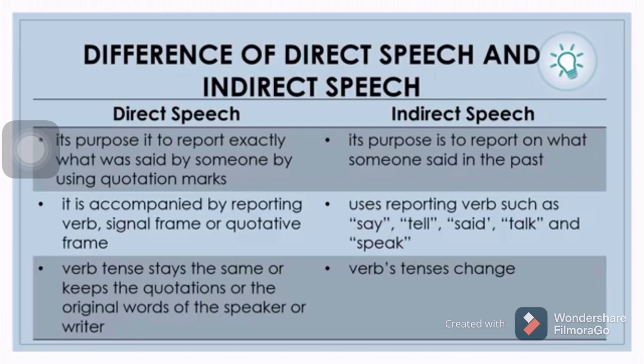The direct speech is accompanied by a reporting verb signal frame or quotative frame, while in the indirect speech, it uses reporting verbs such as say, tell, said, talk, and speak. The direct speech verb tense stays the same or keeps the quotations or the original words of the speaker or writer, while in the indirect speech, verb tenses change.